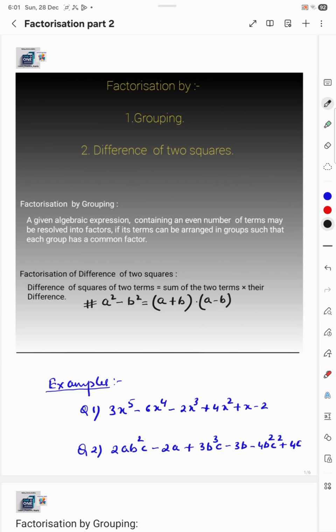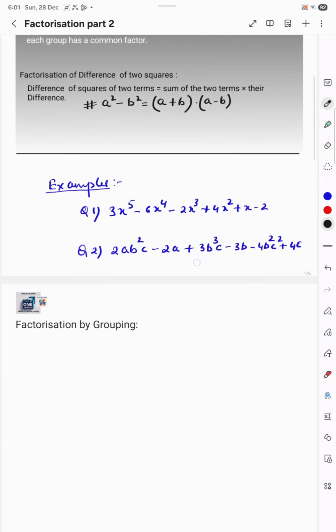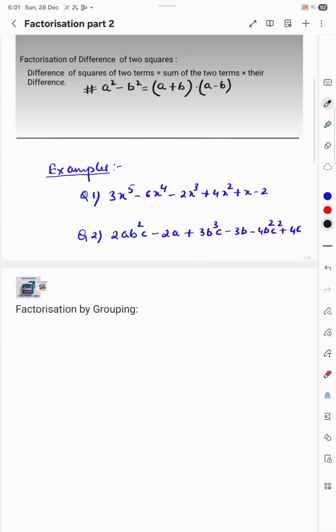Okay, so now the first example is from factorization by grouping. So this is 3x to the power 5 minus 6x to the power 4 minus 2x cube plus 4x square plus x minus 2.